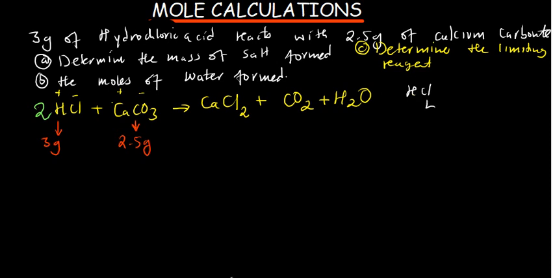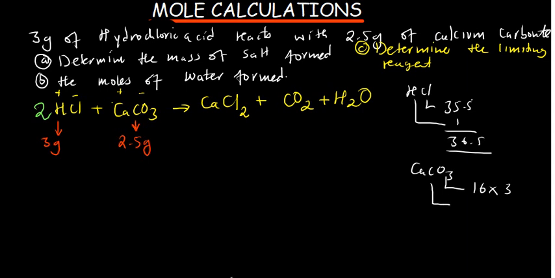Chlorine, we know that is 35.5. Hydrogen, that's 1. So that is 36.5. And then we go to the calcium carbonate. Oxygen, we know that is 16. I'm using rounded off values. You can also say 15.9994 multiplied by 3 because we have got 3 of them. Carbon, that is 12. Calcium should be 40.